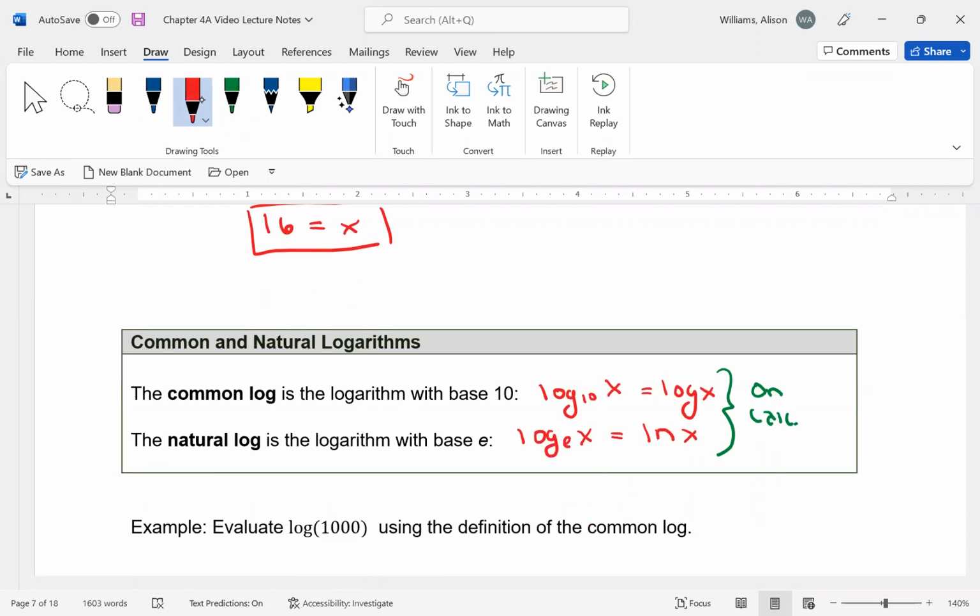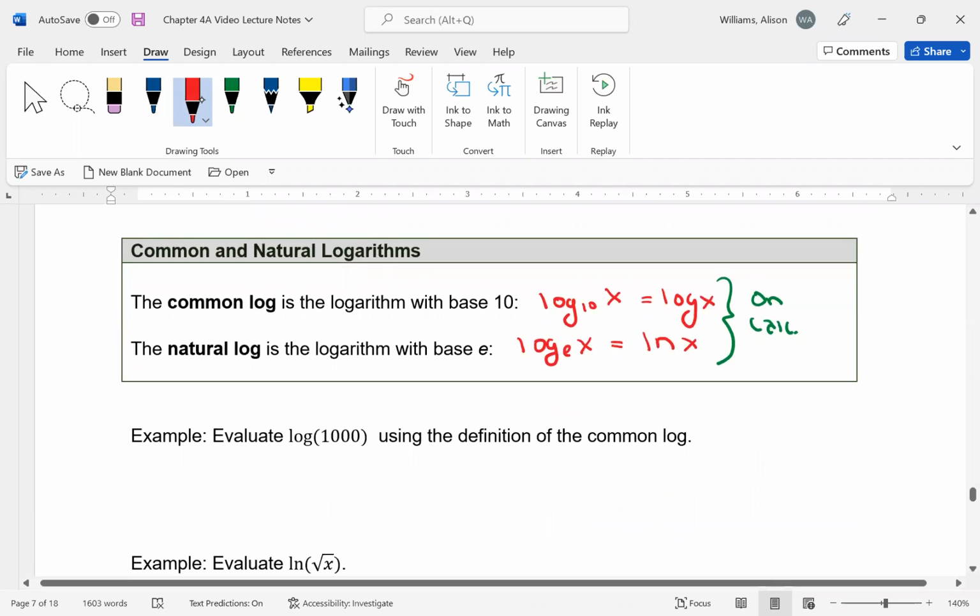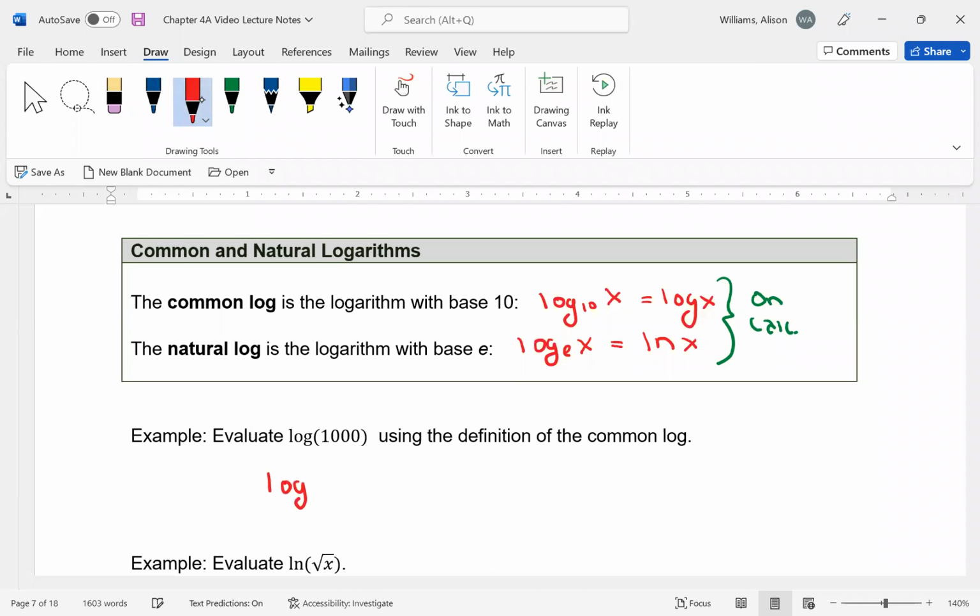Okay, so let's go ahead and look at some examples here. Let's evaluate log of 1,000. Now, this is the common log, which means it's technically log base 10. Now, we only have a few tricks for logarithms, okay? There's a couple ways we can approach this. I like to approach it using the fact that I can change this into an exponential if I set it equal to something, which I'm going to call x, because we're trying to figure out what this equals.